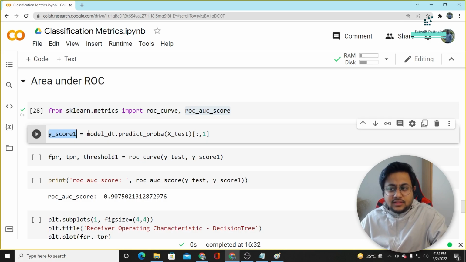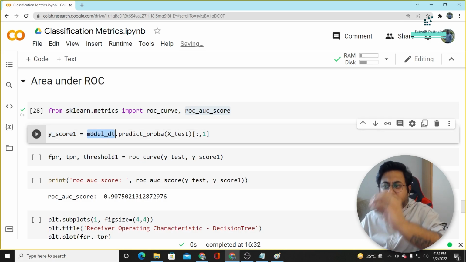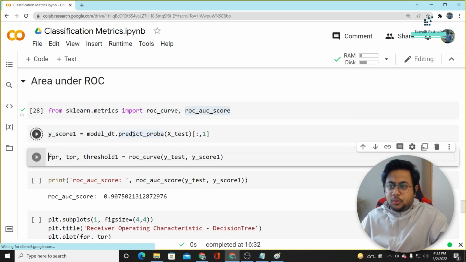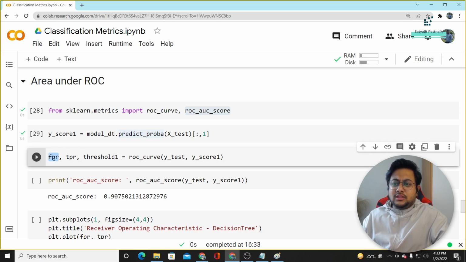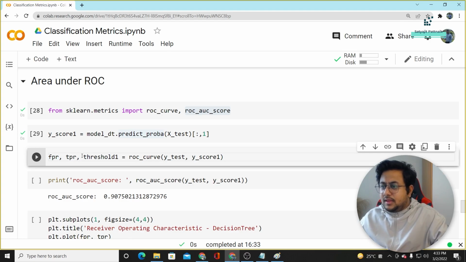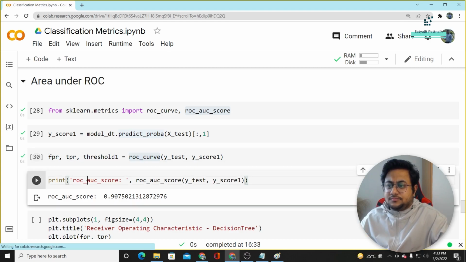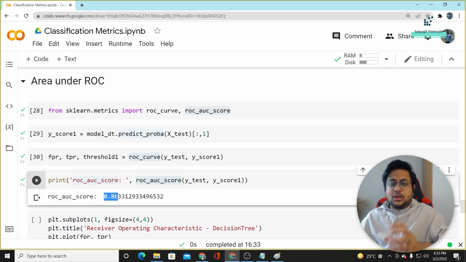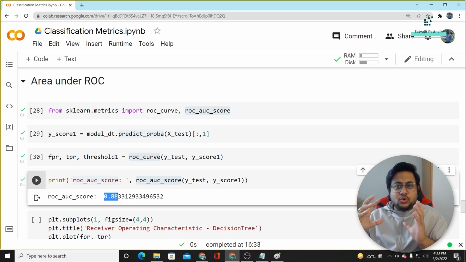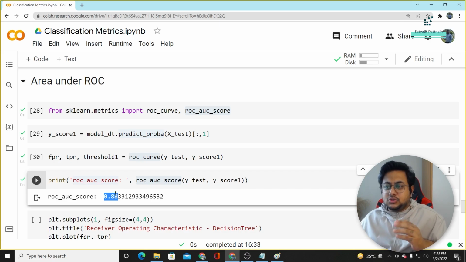I am calculating the score, calling the decision tree model on the predict_proba, and here I am calling the false positive rate and the true positive rate. I am calling the ROC curve and my ROC score is 88. So the more the ROC score, the better the model is. So this is for decision tree.